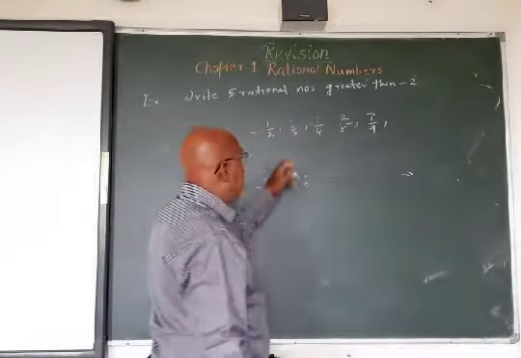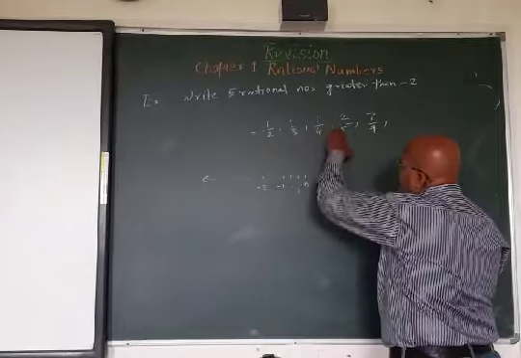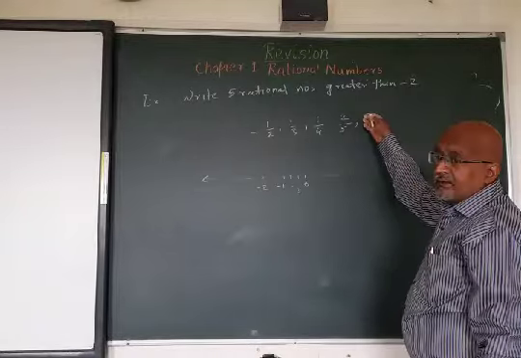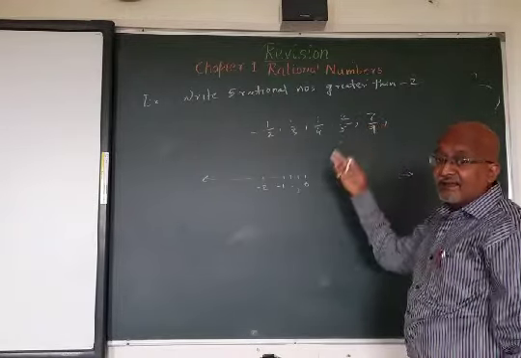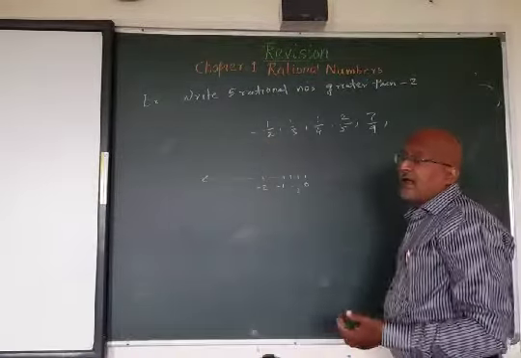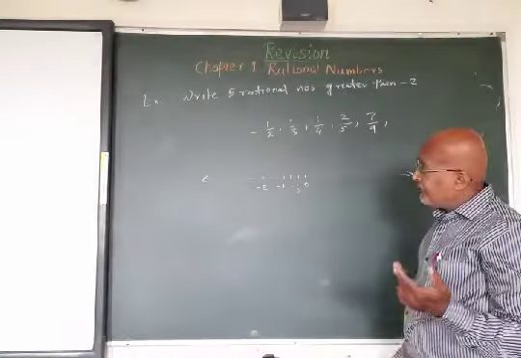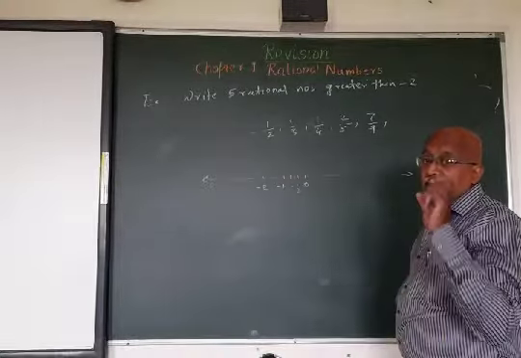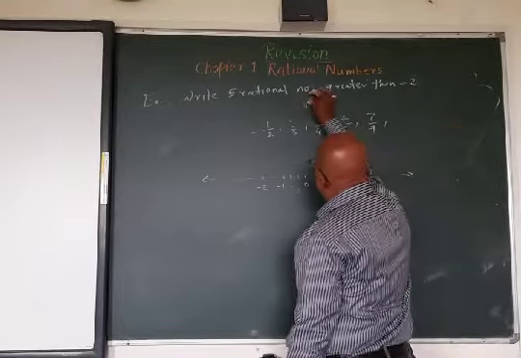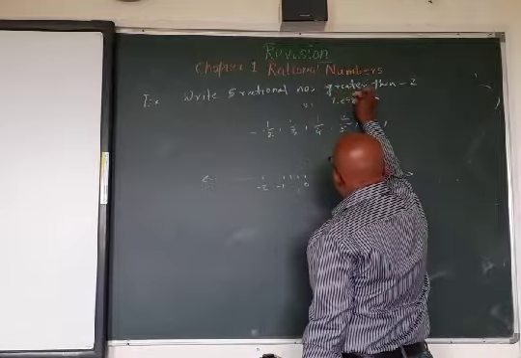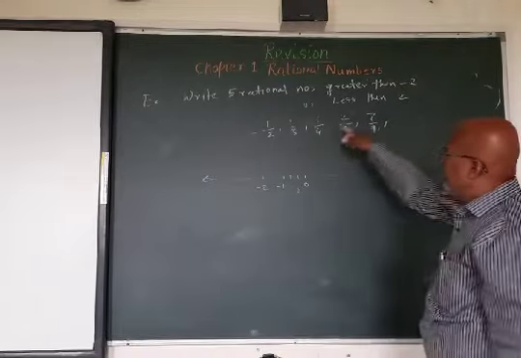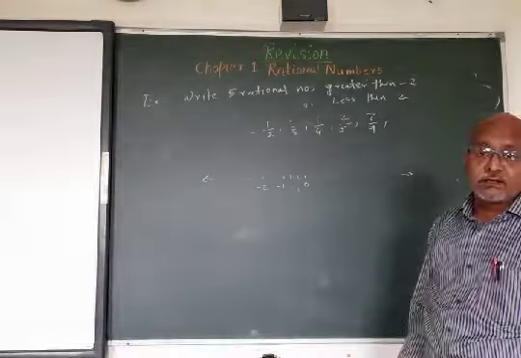Even when you write this, it is less than 2, this is also less than 2, because when the numerator is less than the denominator, it is less than 1, and 1 is less than 2. So obviously these all numbers are also less than 2. For both the questions, that is write 5 rational numbers greater than minus 2 or less than 2, the answer can be the same.